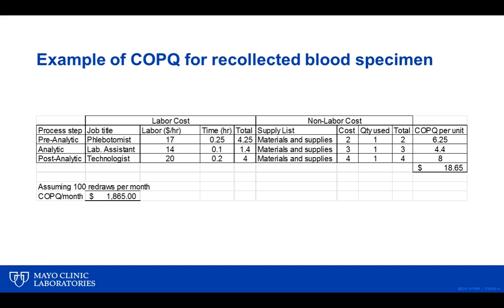So once you calculate per unit cost, then you can multiply that by the number of errors that you typically see, and that kind of gives you a ballpark. So this is error per month. So if you multiply this by 12, now you can see that this is beginning to be a big number. So this can easily go to $24,000 a year just on recollection.